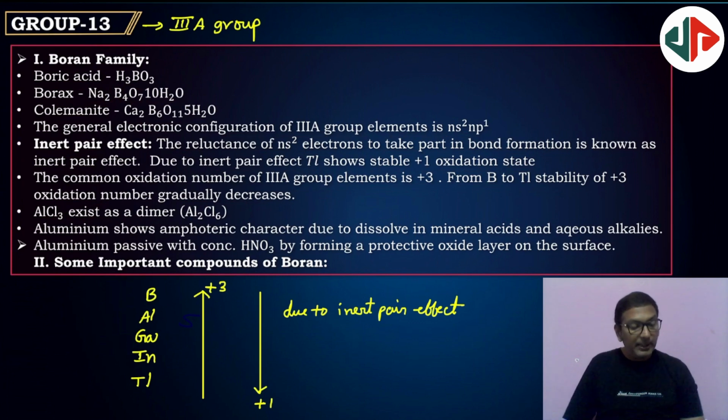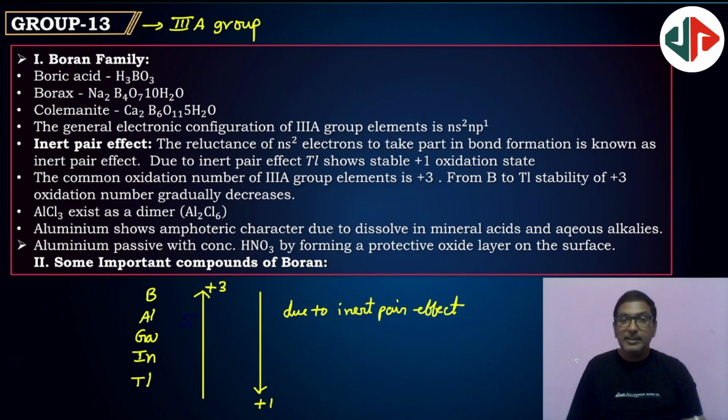Next, the nature of aluminium. Aluminium is amphoteric because it can react with acids as well as bases; alkalis means bases. Next, aluminium is passive, meaning inactive towards concentrated HNO3, due to the formation of a protective oxide layer on its surface.